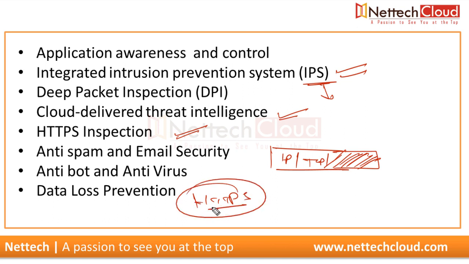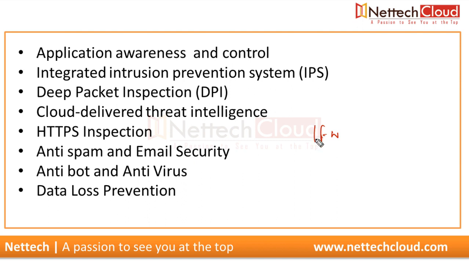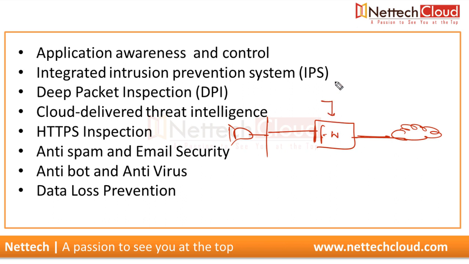So HTTPS based means what? The data is encrypted. Now you understand the problem. The problem is, if here there is a firewall, a computer on the LAN segment, and the internet here, right? Let's say I have used an IPS profile or vulnerability protection, anti-spyware, antivirus, advanced malware protection, everything is in place.